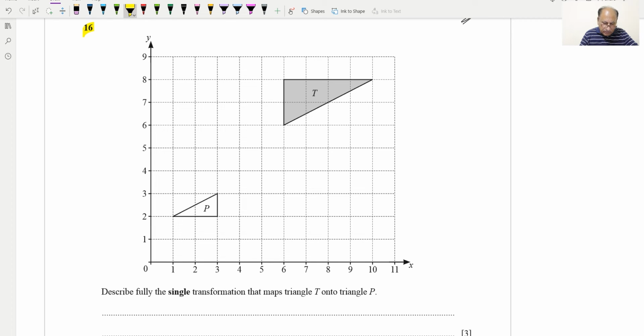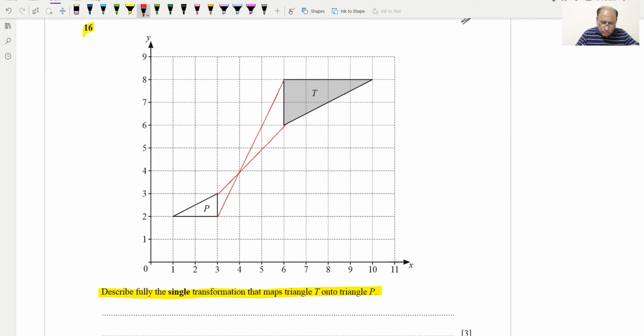Now next is question number 16, and a diagram is provided. Triangles P and T are provided. Describe the single transformation that maps triangle T onto triangle P. So what we can do, we can draw lines and join the vertices of the triangles, and we will get the center of enlargement.